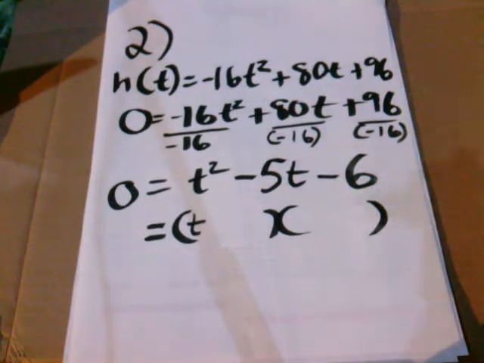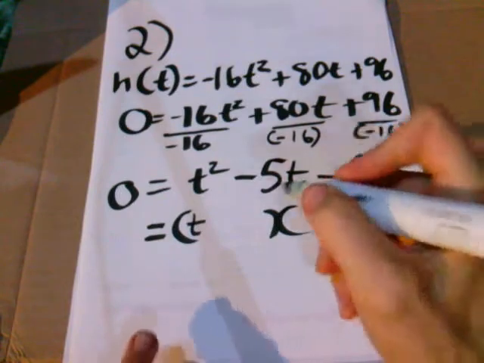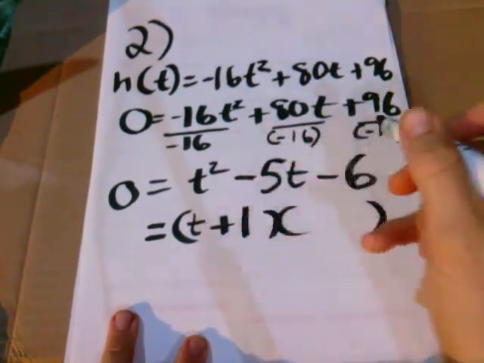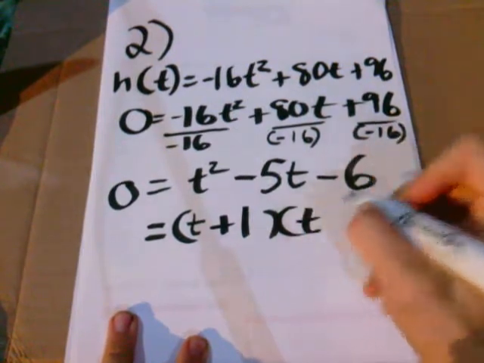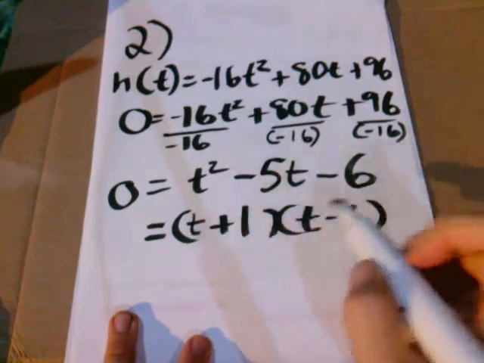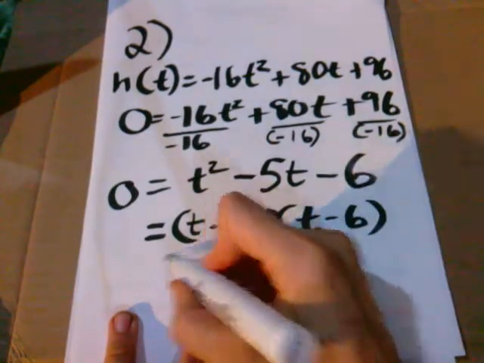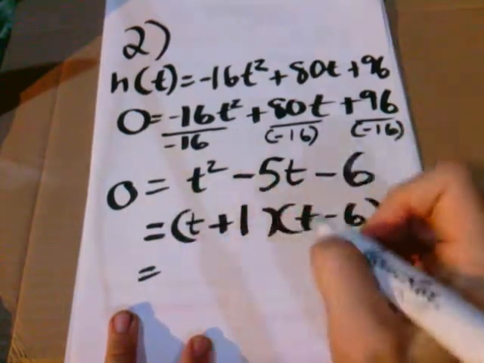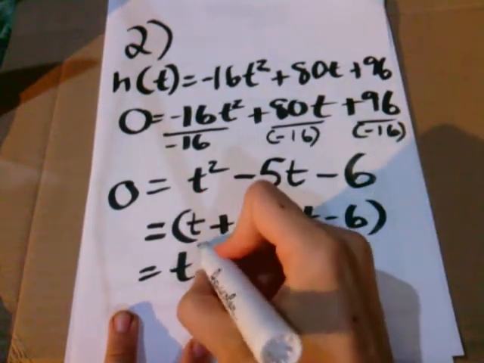So let's try t plus 1 and t minus 6. So we're going to do first, outer, inner, last, just to test, make sure that works. Equals t squared.